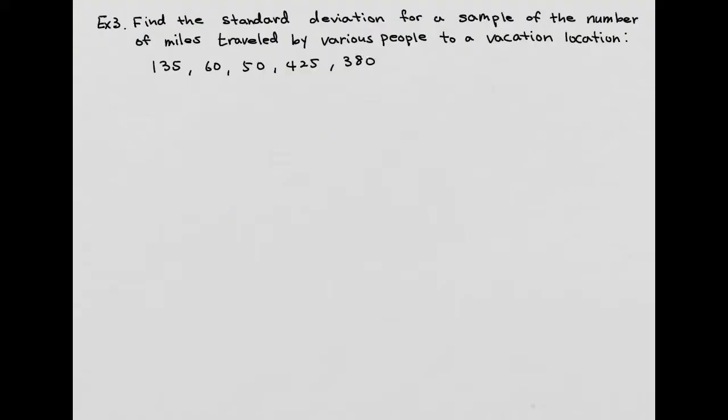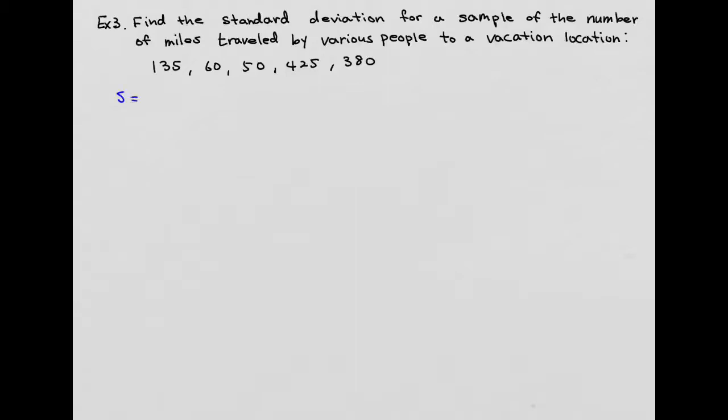From example 2, we learned that we have 2 ways of finding standard deviation. And we also learned that if we have a smaller data set, then we could use the shortcut. So I'm going to write down that formula again.